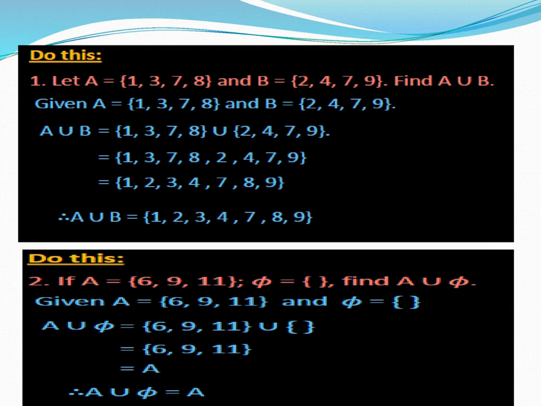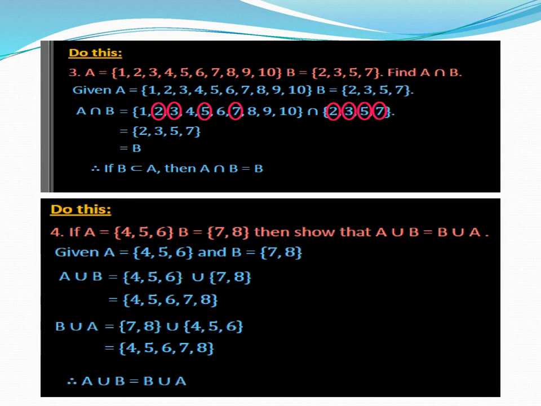Union means we write all elements contained in the two sets. So we write A union phi equals A. Similarly, for any set B, B union phi equals B.